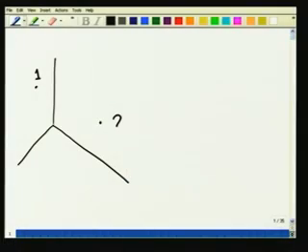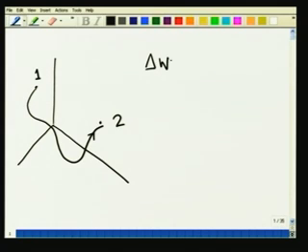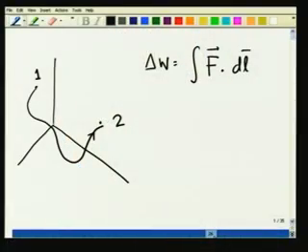To start with, let me remind you of how we defined work, and now I am going to generalize to the 3 dimensional case. If I go from point 1 to point 2 through some path, the work done is defined as an integral of F dot dl, where F is a force that I am applying, or, if I am considering the work done by the force field, then the force is the force field.